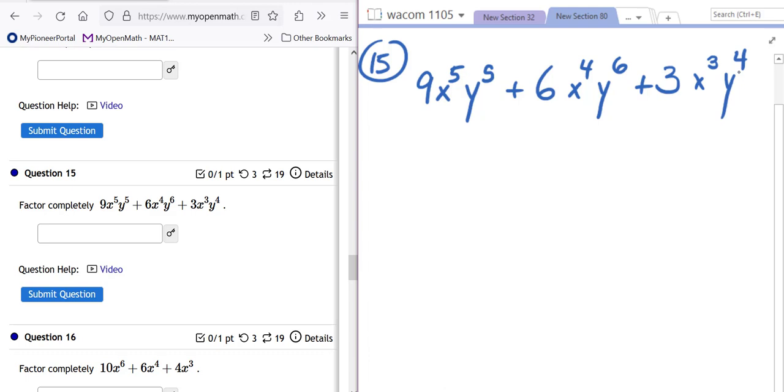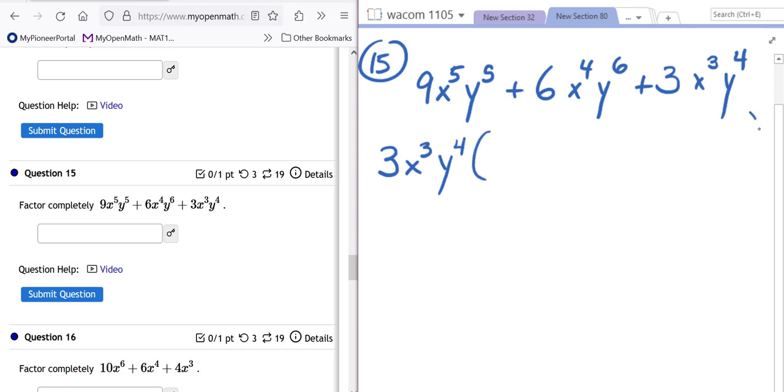So first thing is we'll look for the GCF. Test your lowest. Does 3 go into 6? Yes. Does 3 go into 9? Yes. So your GCF number is 3. For your variables, x is in everything, take the lowest, so x cubed. For your y's, y is in everything, take the lowest. So that is your GCF.